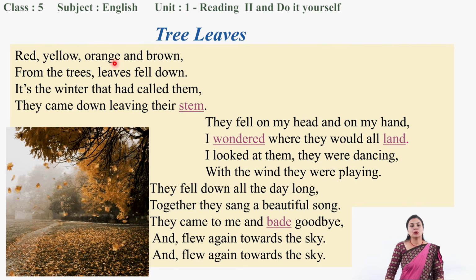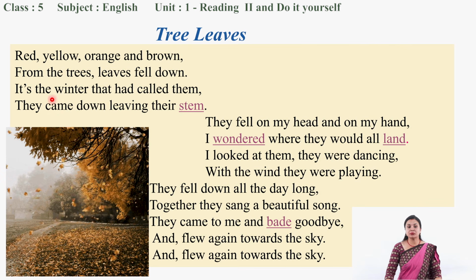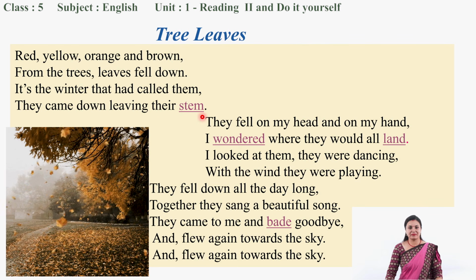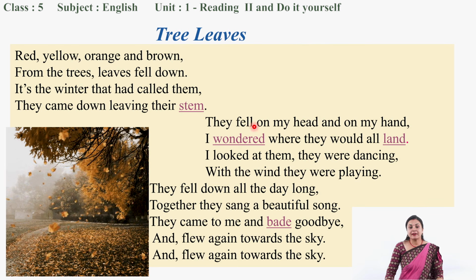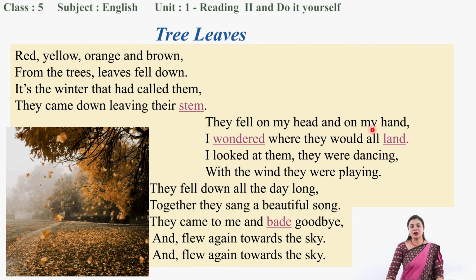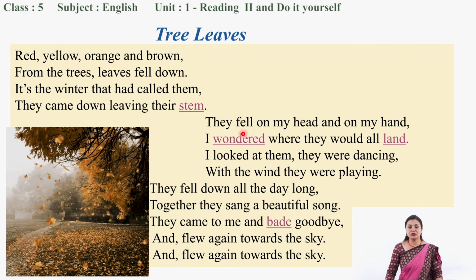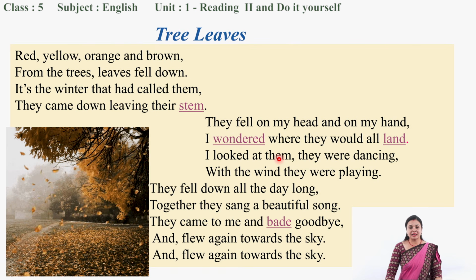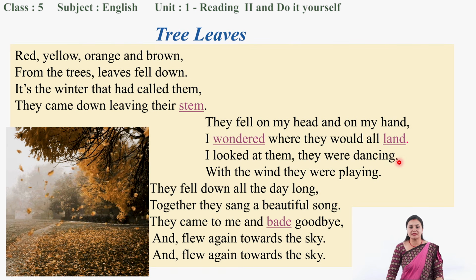Red, yellow, orange and brown, from the trees leaves fell down. It's the winter that had called them. They came down, leaving their stem. They fell on my head and on my hand. I wondered where they would all land. I looked at them, they were dancing.